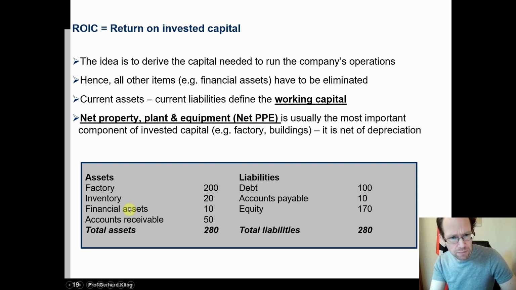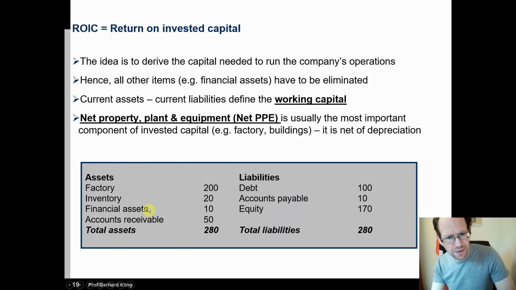Your inventory again would be operating. Then you might have financial assets. Financial assets are usually non-operating, except there are aspects here like operating cash holding that might be required to run the business, but we talk about this in a minute. Only a small amount is needed nowadays to run a business in a developed market.